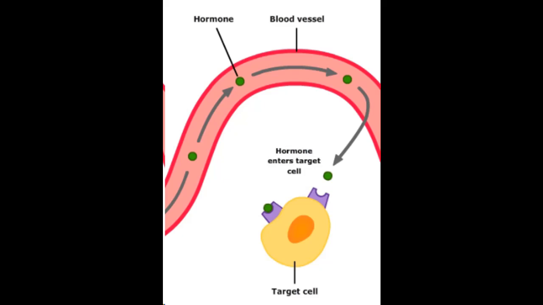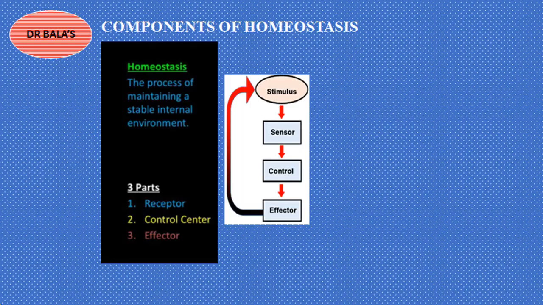We are going to talk about the components of this homeostasis. When I say components, I mean the organs which are involved, how they are integrated, and how they work in coordination with each other as teamwork. These are called the components of homeostasis.